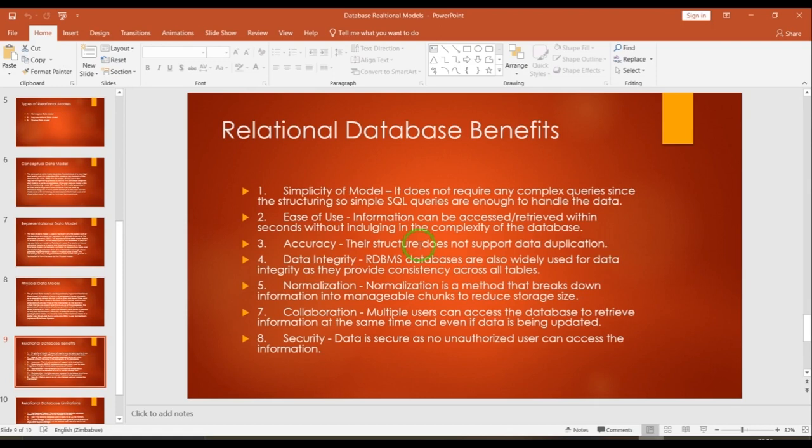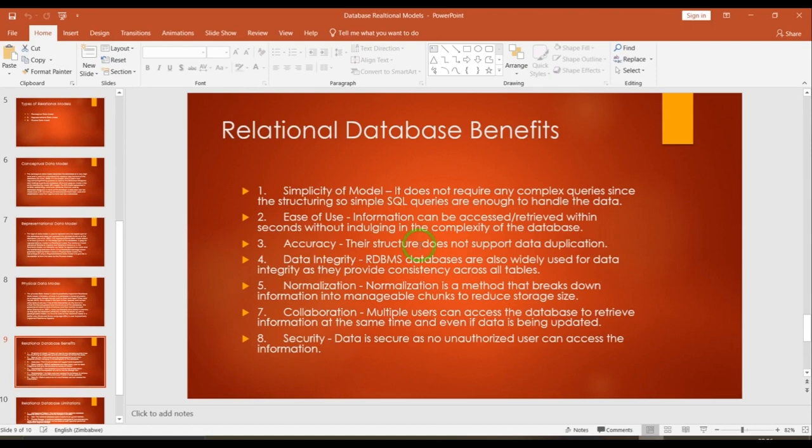Their structure does not support data duplication. 4, data integrity. RDBMS databases are also widely used for data integrity as they provide constraints across the tables.